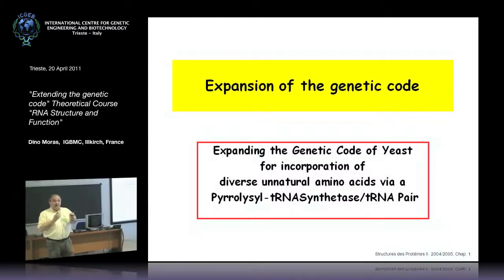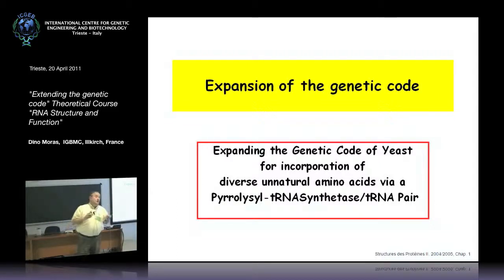He said, if we modify the active site of the enzyme, then we should incorporate any amino acid. The only thing we have to do is change the side chain, because the reaction only involves the peptidyl part. The side chain is the one which gives the specificity, but not the reaction. So that was the basic idea.